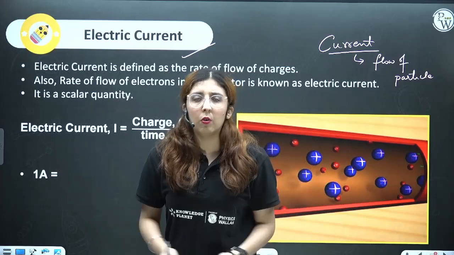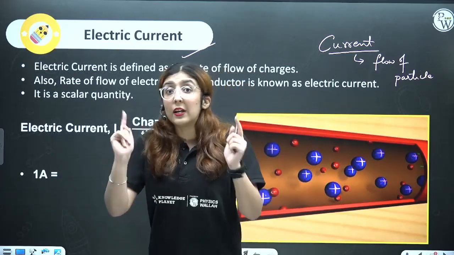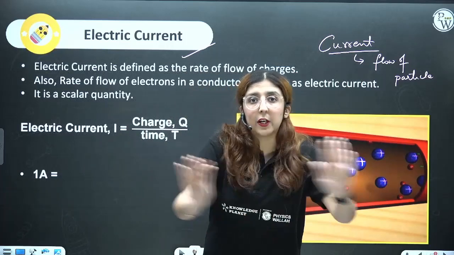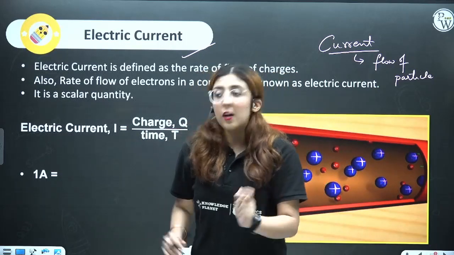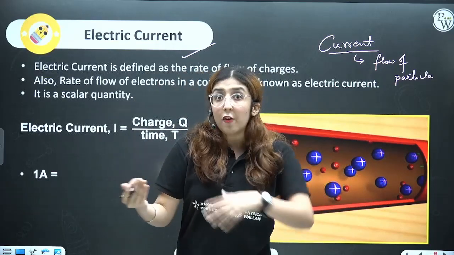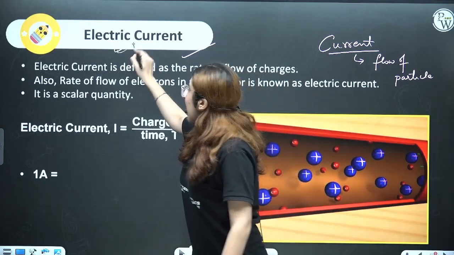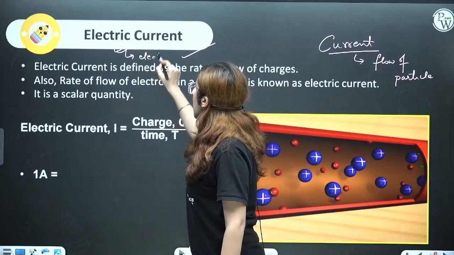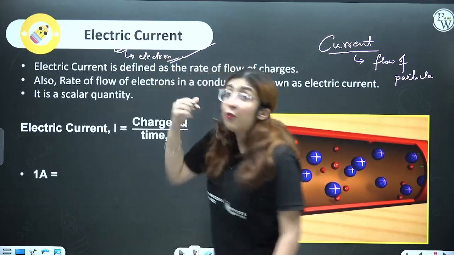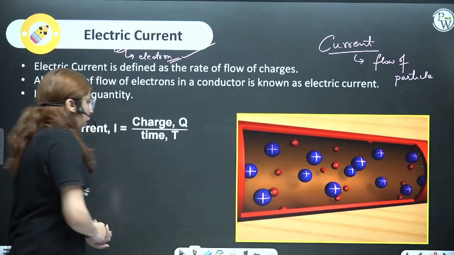How should we know? So when we talk about electric current, everyone, electric current tells you flow of electrons in particular. Water current, flow of water particles. Air current, flow of air particles. In electric current, electric means electron. So here we are concerned with flow of electrons, yes, rate of flow of electrons.